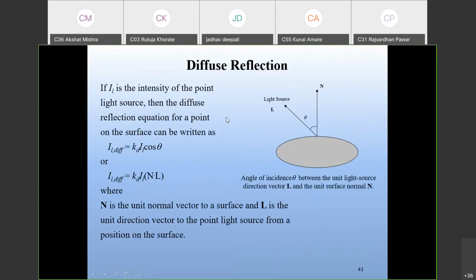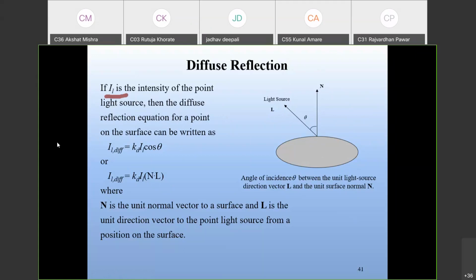Now, if IL is the intensity of the point light source incident on this surface, then the diffuse reflection equation for a point on the surface can be written. Previously we used the ambient light, I ambient diffuse.